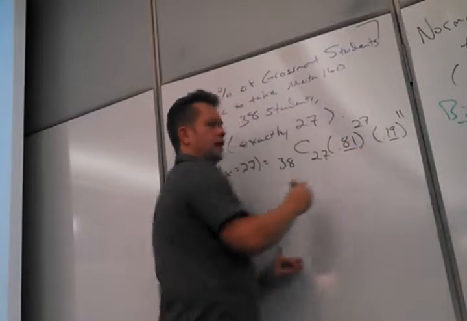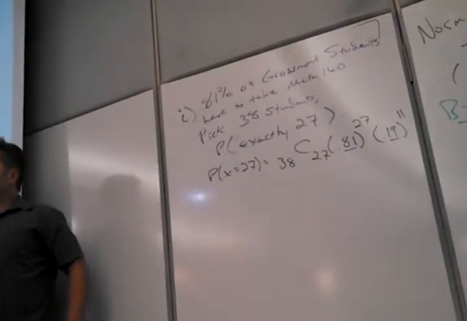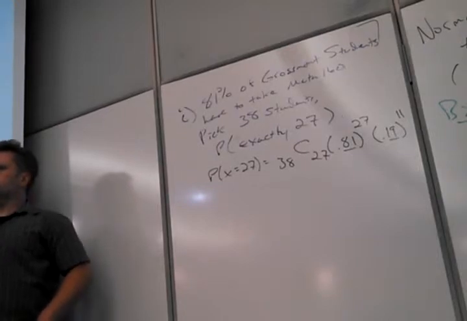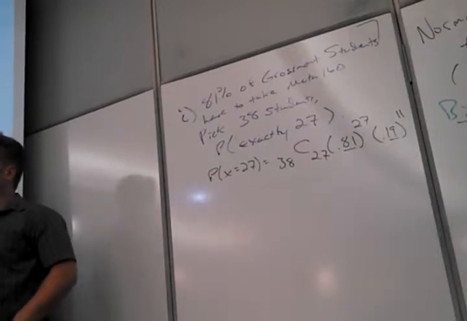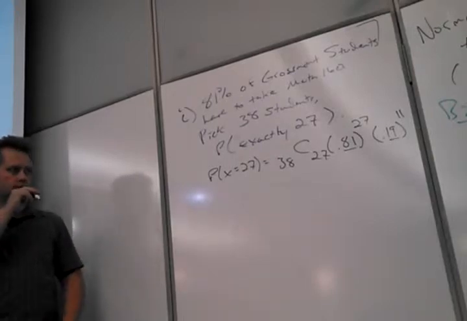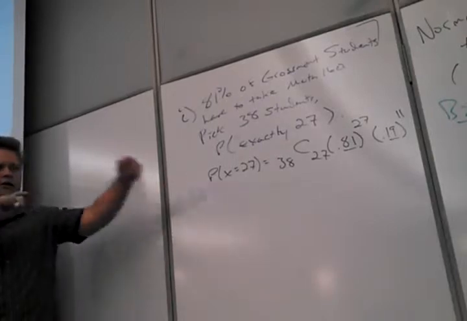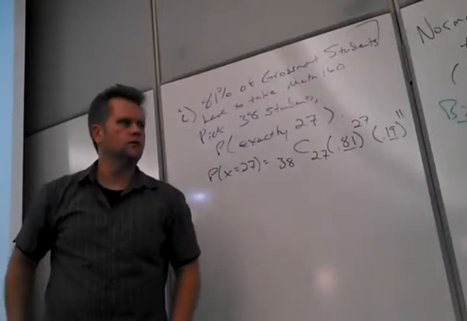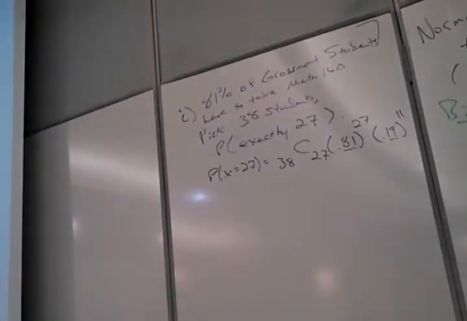Right, because these two have to add up to be 100. Most of you did pretty well with that question on the quiz. Some of you looked like you'd never seen it before, so this probably means you haven't done the homework yet. And then you just got to plug in the calculator. Maybe I should do it too.